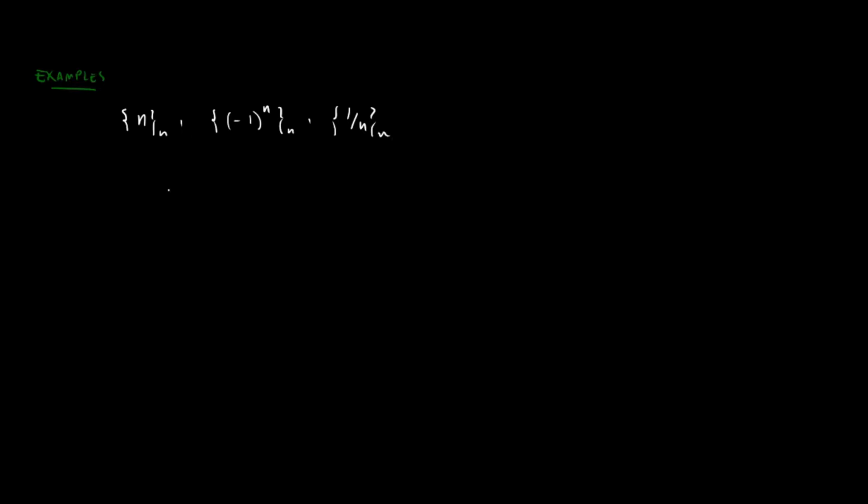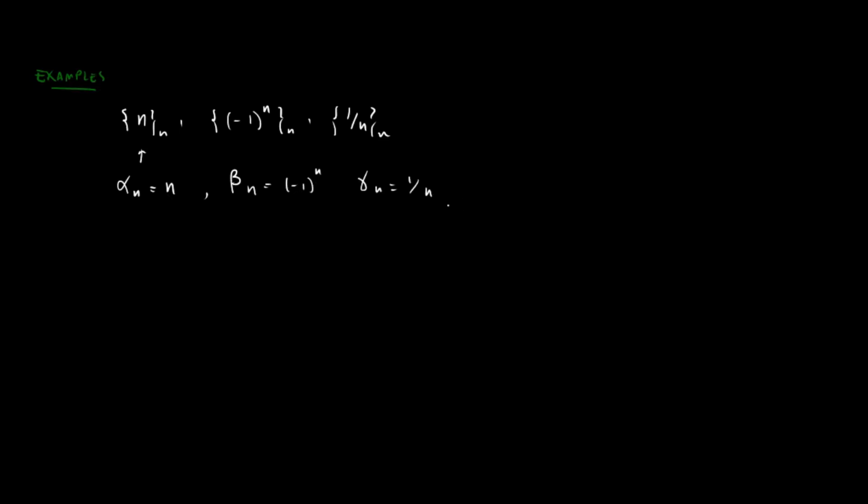So what we're going to do is call this sequence alpha sub n. So alpha sub n is n for every natural number n. This one is going to be called beta sub n, and it's minus 1 to the power n. And the last one is going to be gamma sub n, which equals 1 over n.